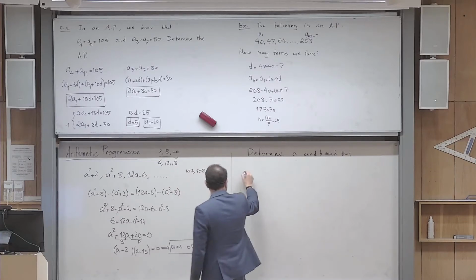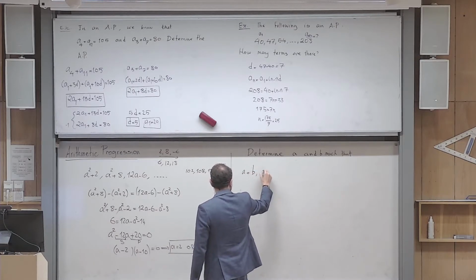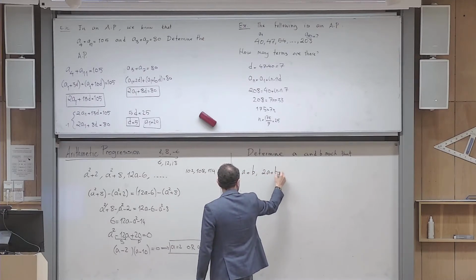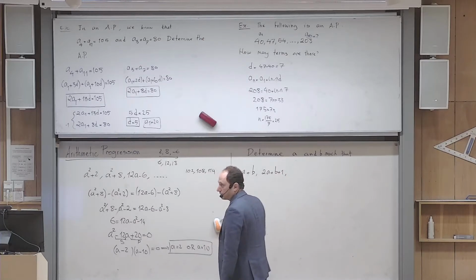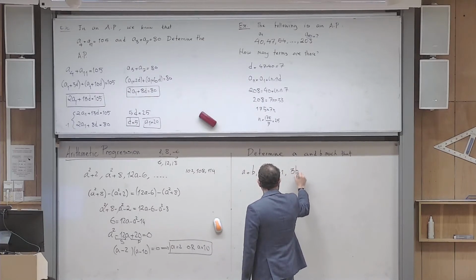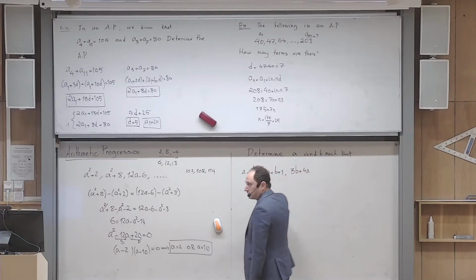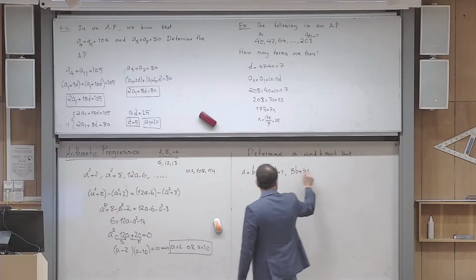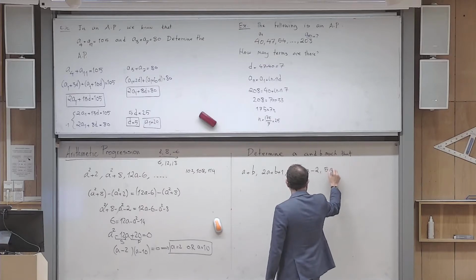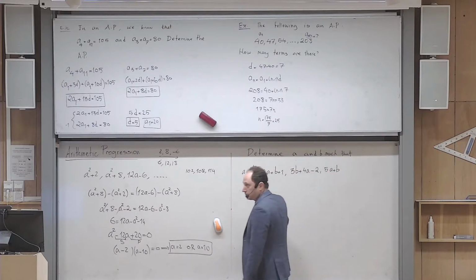The list is A plus B, and 2A plus B plus 1. And then you have 3B plus 4A minus 2. And then you have 5A plus B plus 1.